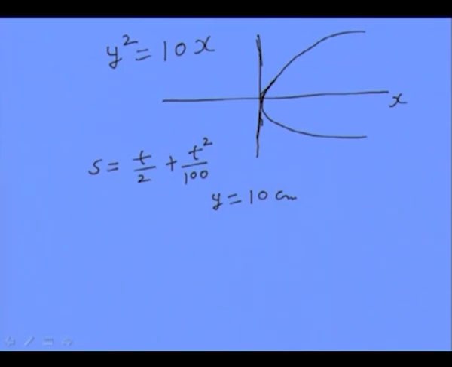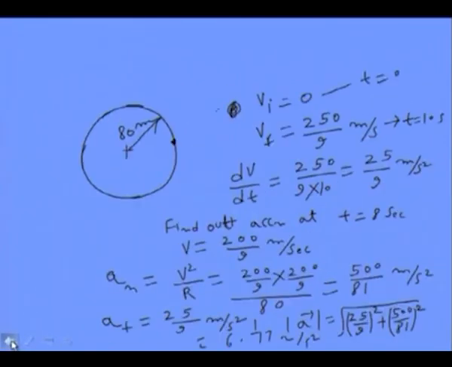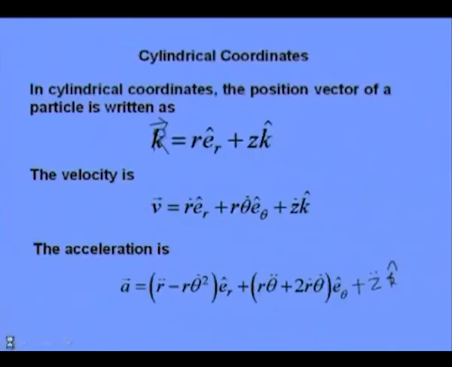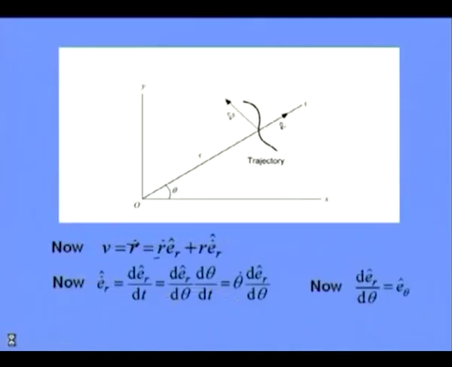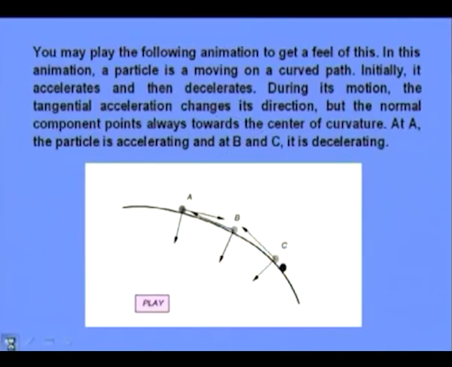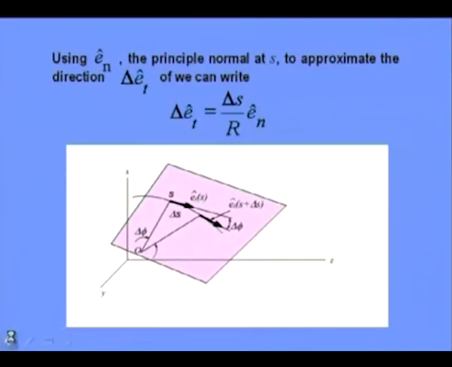To solve this problem, we can find out one component of the acceleration, that is the tangential component. We have developed these equations in the beginning. Let us go back to the previous slides.